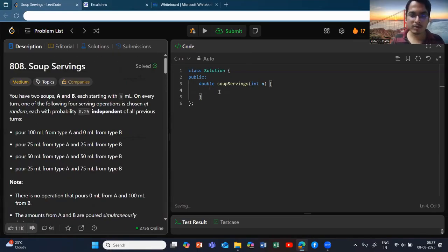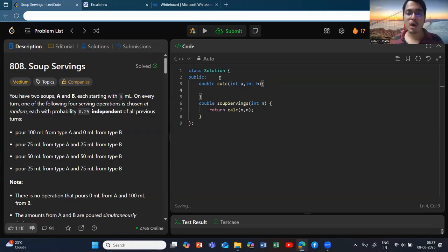So let's try to write the recursive function. As I told you, you can just write a calc function, which will take a and b, the contents of A and B. It will just return the answer. If you already know recursion, you can easily know that there is a base case.